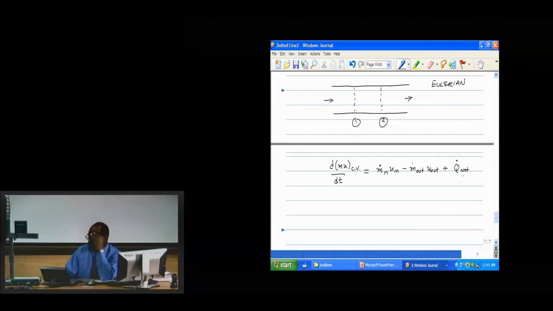I'll define these pieces in a second. This is just really our flow processes across the control volume face.